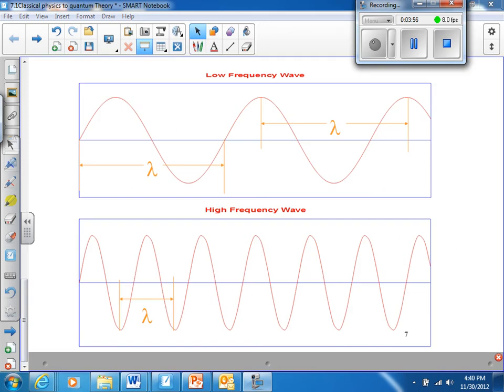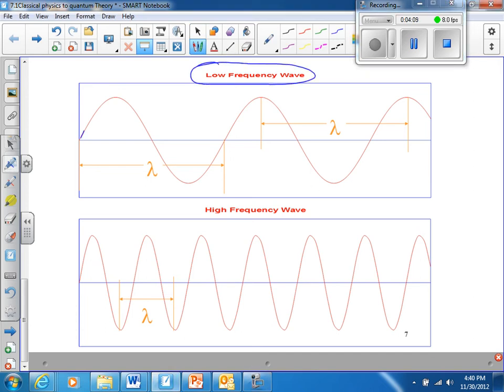So what is this lambda and nu stuff? Lambda is the length of a wave. I've got some pictures up here. On the top we have a low frequency wave. Lambda, right here, is the distance from the middle of one wave to the middle of the next wave. You can also call it the distance from the top of a wave to the top of the next wave.